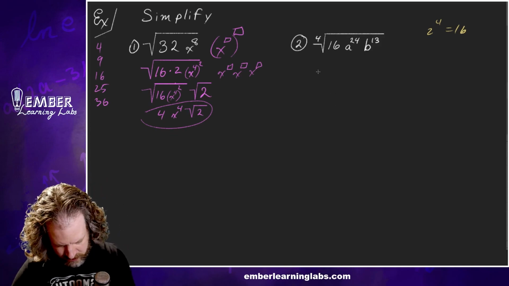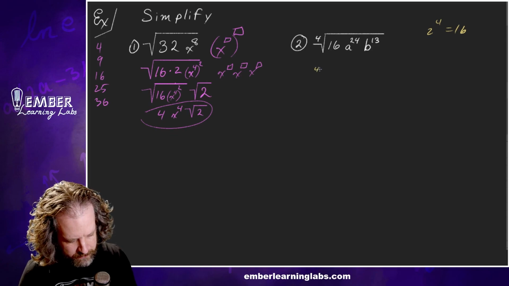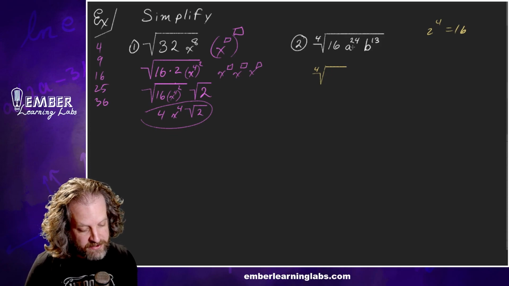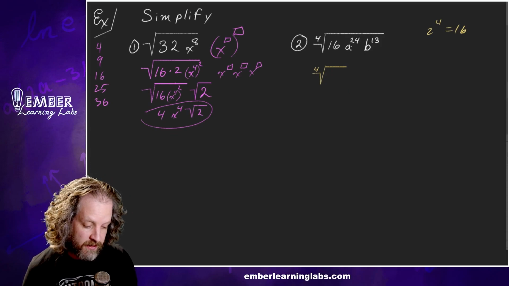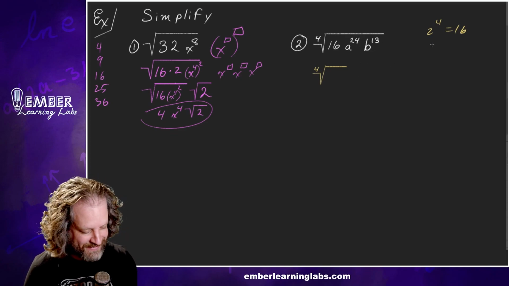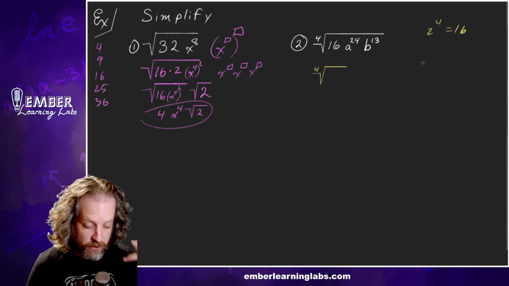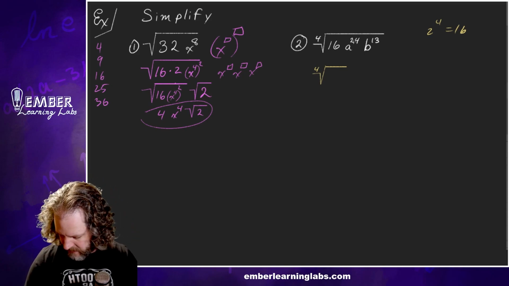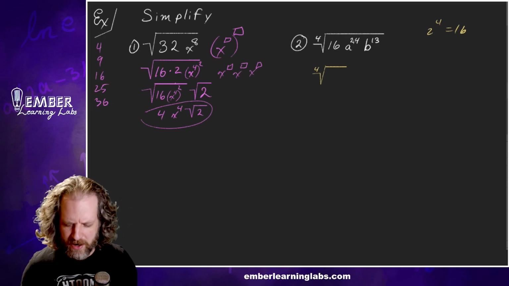So we can split this into the fourth root of 16 times the fourth root of a to the 24. Now, we are going to want to get this as something to the fourth. So we want to know, can we multiply something to get 24? No, I'm sorry. I don't know where my brain is this afternoon.